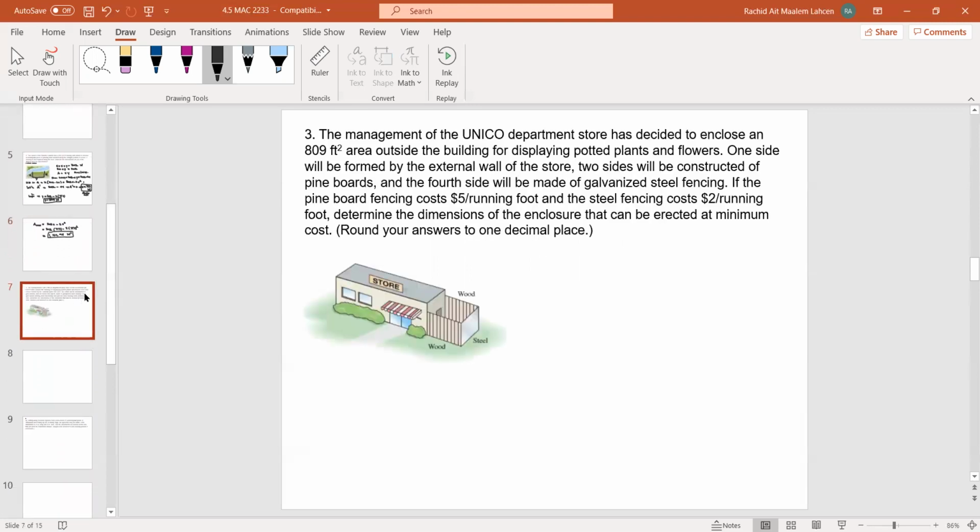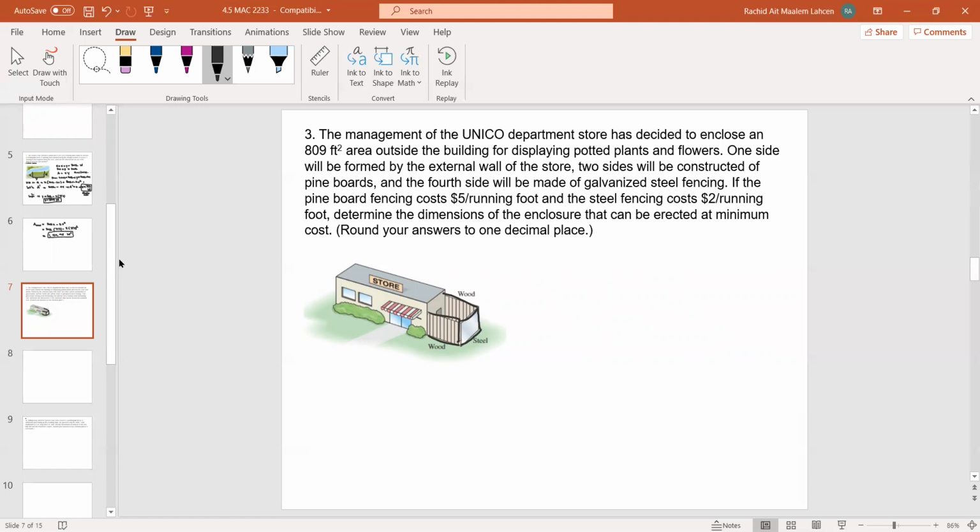Okay, so let's say another example, and this problem talks about this area here, this place here that's of interest. It's made of wood and steel on one side and wood on the other side. Two sides will be constructed with pine boards, and the fourth side will be made of galvanized steel.